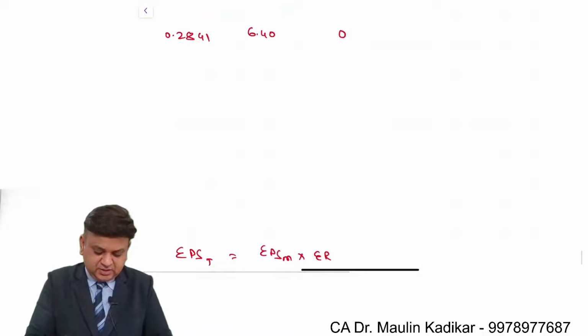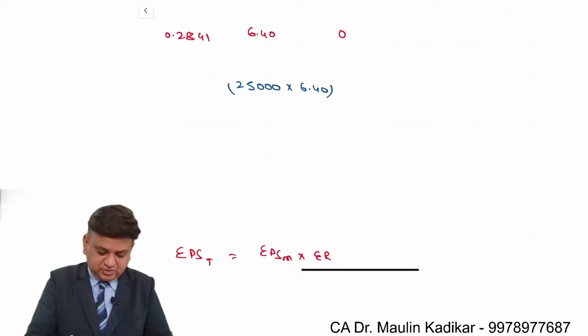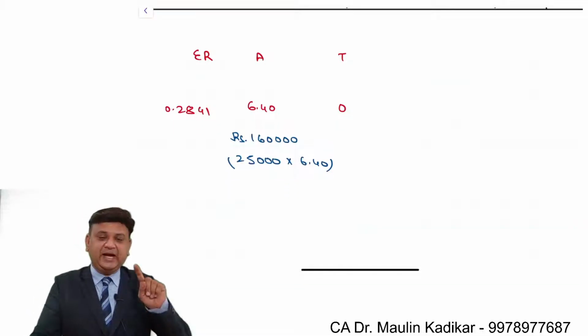The number of shares of A Limited is 25,000. So 25,000 into 6 rupees 40 paise comes to 1,60,000. So 1,60,000 is the increase in the earning, and that increase goes to the acquiring company.